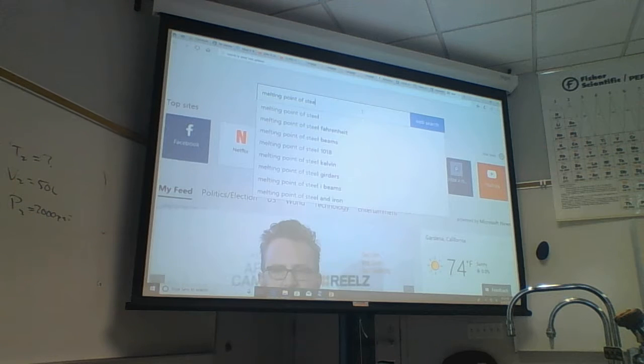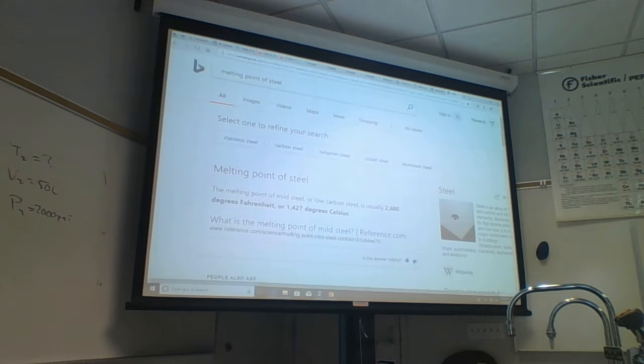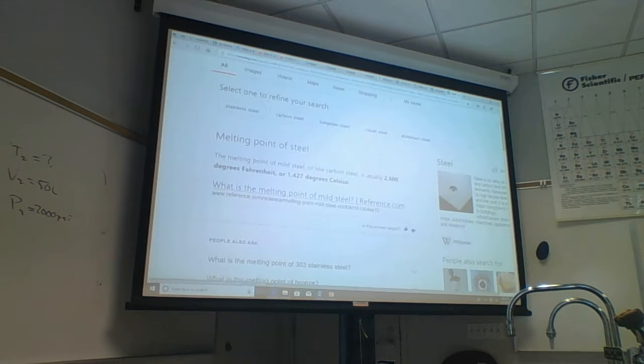It's probably mild steel, not stainless steel. Steel melts at 1427 degrees Celsius. So we might feel safe here, but we aren't really safe, because if the temperature gets to 1400, the cylinder is going to melt.